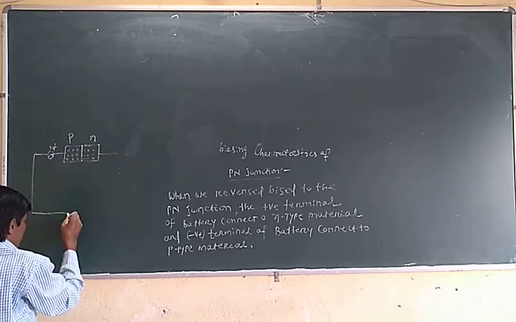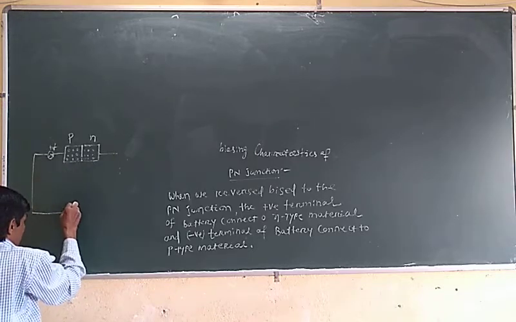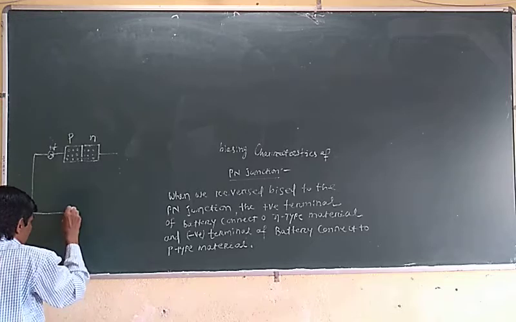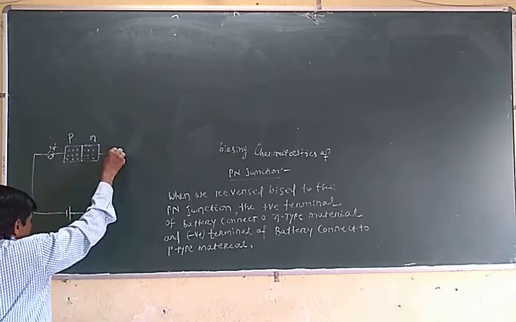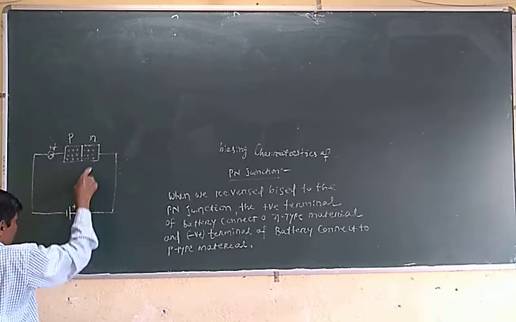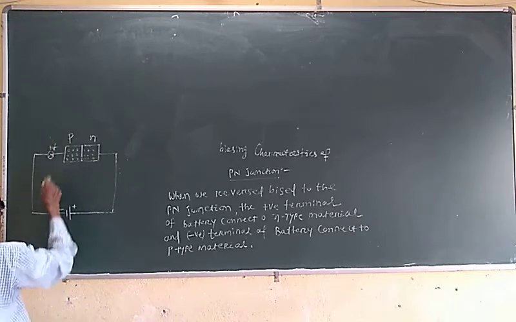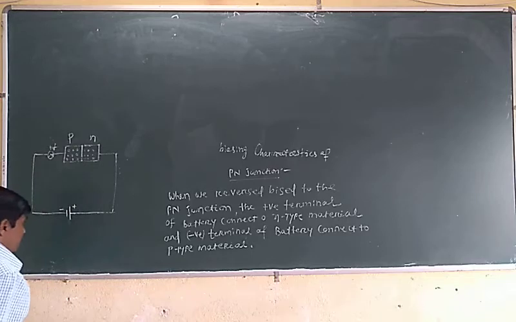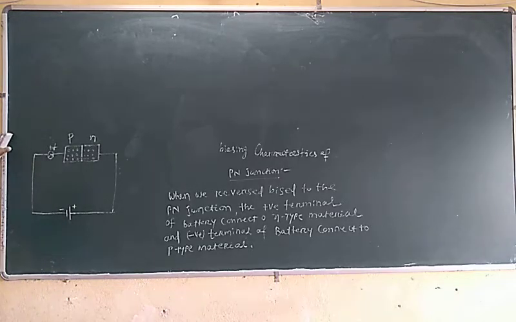This is the battery. Minus is connected to P material and positive of the battery connects to N material. So this connection is the reverse connection, and this biasing is also known as reverse biasing, and its characteristics are also known as reverse characteristics.